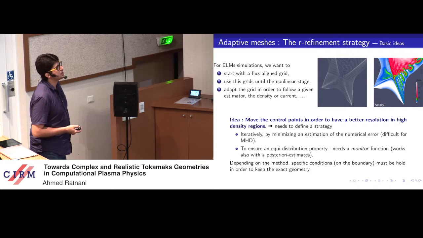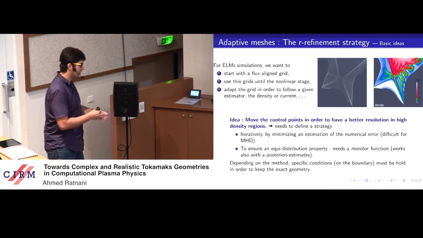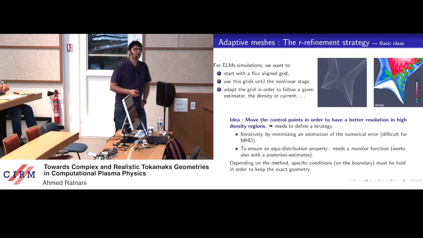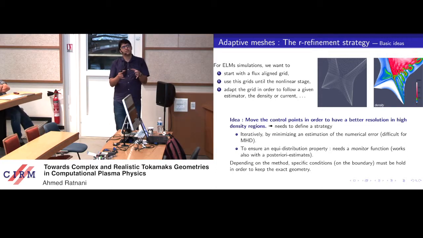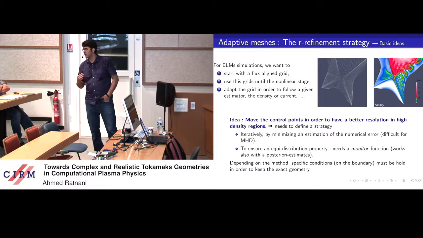So one of the strategies is to say, well, we can try to do alignments everywhere, but here we can do something else which will make our cell size small when, for example, the gradient of the density is very high.